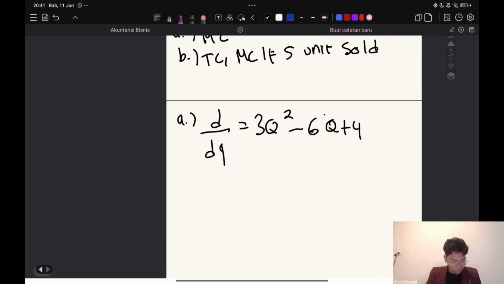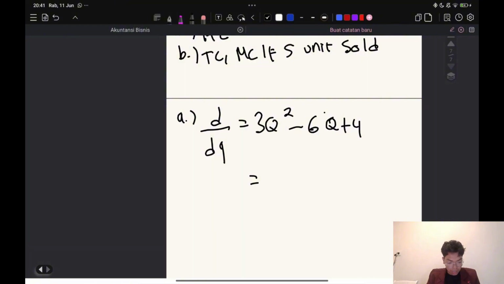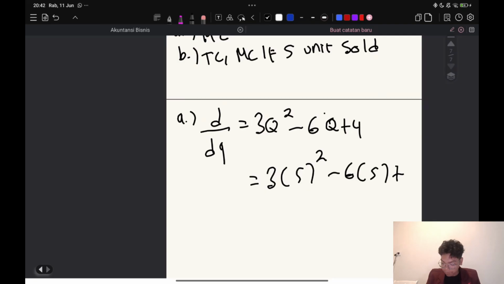Okay, to search marginal cost, use the exponent: plug the 5 into 3 times 5 power 2 minus 6 times 5 plus 4, and the answer is 49.